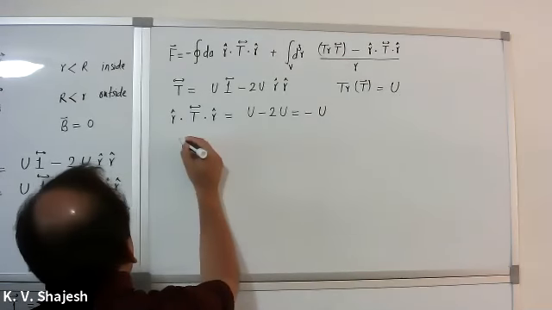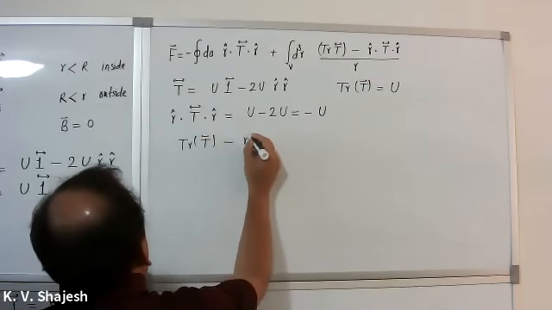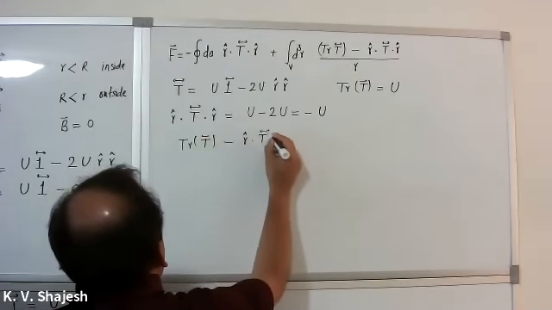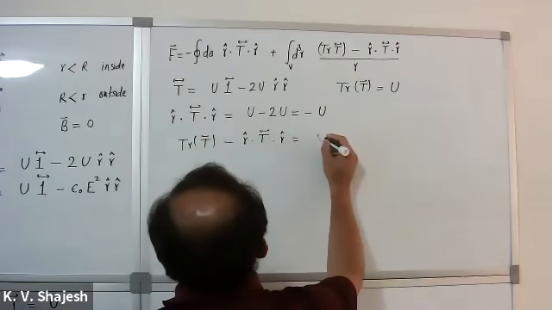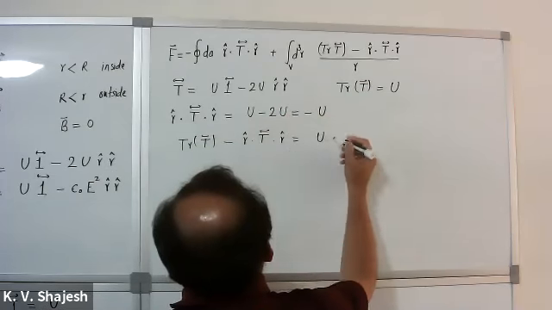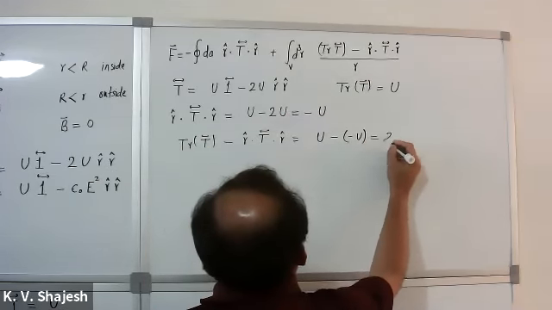So trace of t minus r hat dotted with t r hat is equal to u minus of minus u. That's equal to 2 times u.